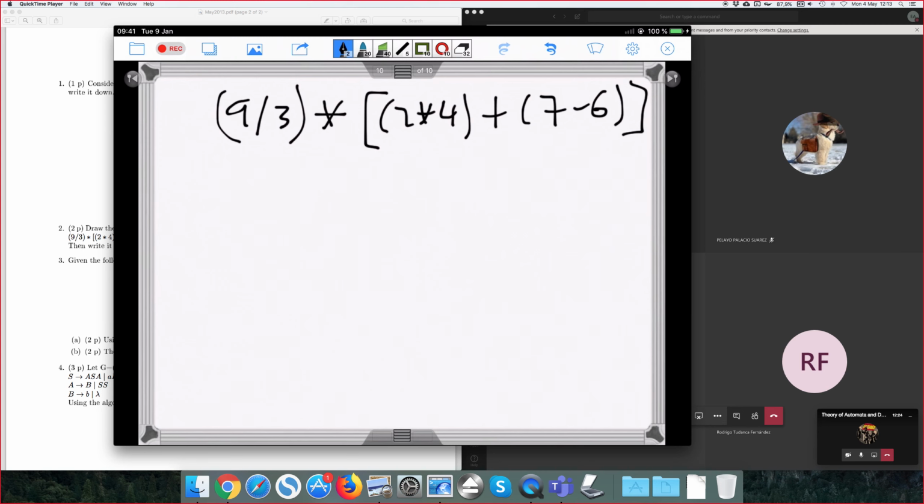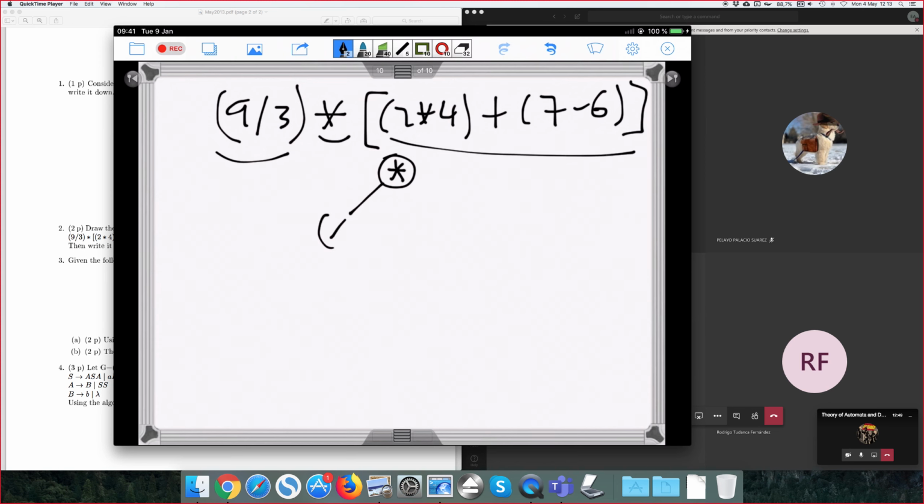In order to draw the binary tree, we need to find at each step the weakest operation, which is the last operation that we compute in the expression. And here, because of the brackets, clearly the last operation is this multiplication, and then we have this part and this part of the tree.